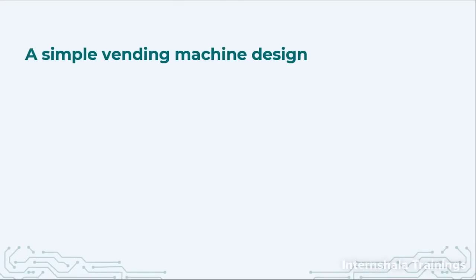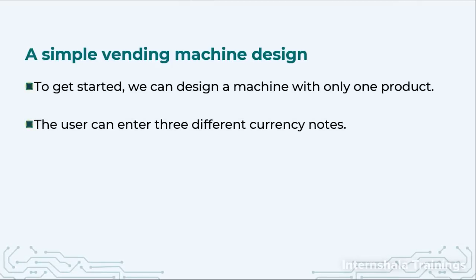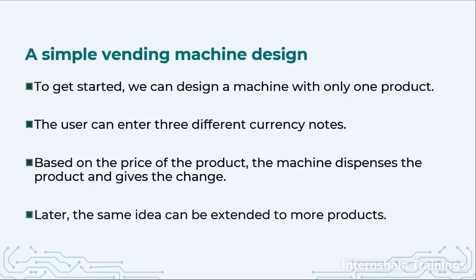So let us talk about a very simple vending machine design. We can say that we are having only one product in our machine. The user can have only 3 different types of currency notes, and based on the price of the product, the machine will dispense the product and it can give the change.